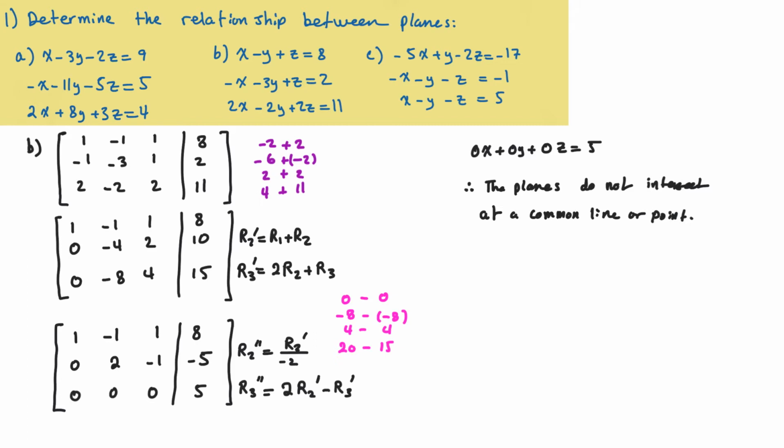To be more precise about our solution, because whenever there is no intersection, there's actually 3 possibilities. It could be that all the 3 planes are parallel to each other, and that means they don't intersect. But that's not the situation. If we had that situation, we would have 0, 0, 0, a number here, and we would have 0, 0, 0, and a number here.